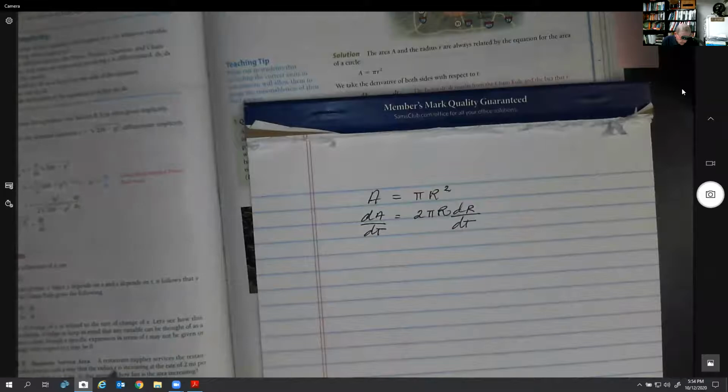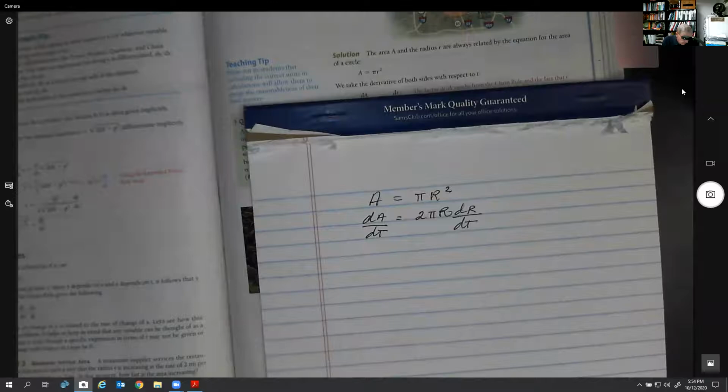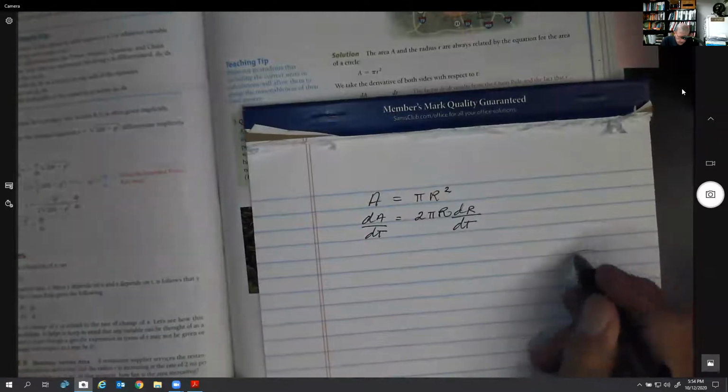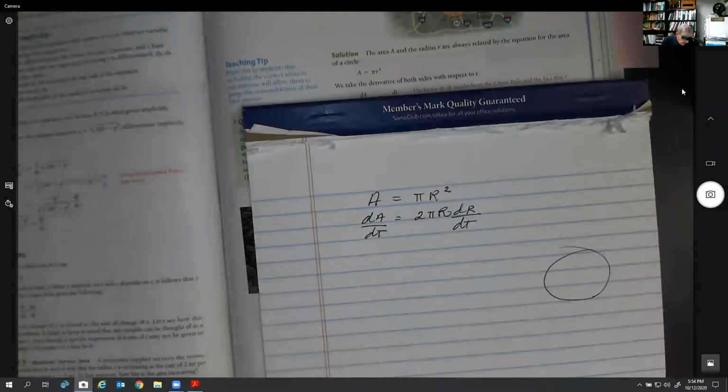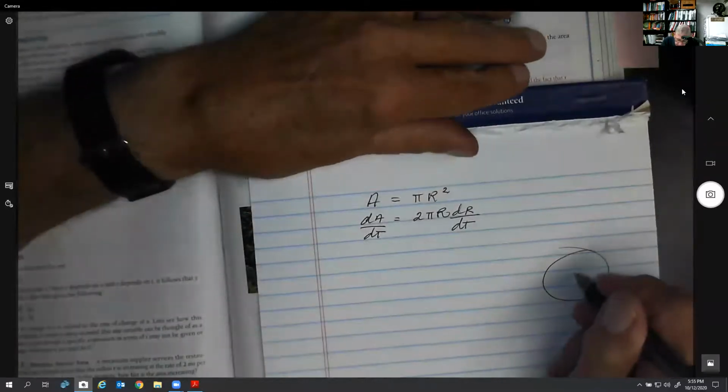So in this problem, this is on page 290, it says the restaurant supplier services the restaurants in a circular area in such a way that the radius keeps increasing at 2 miles per year.